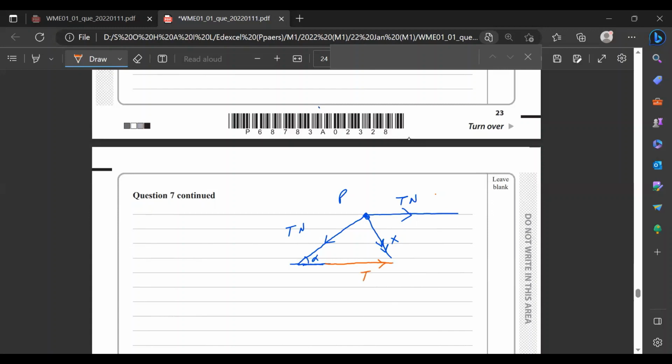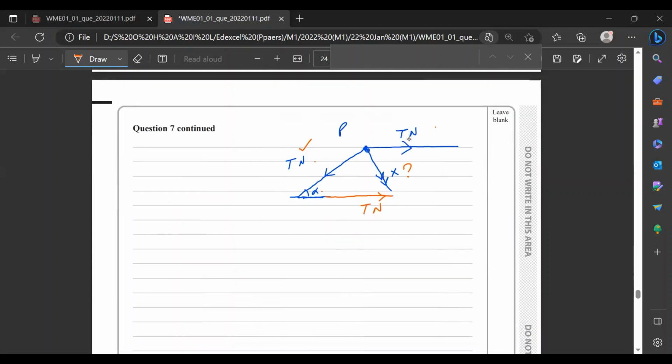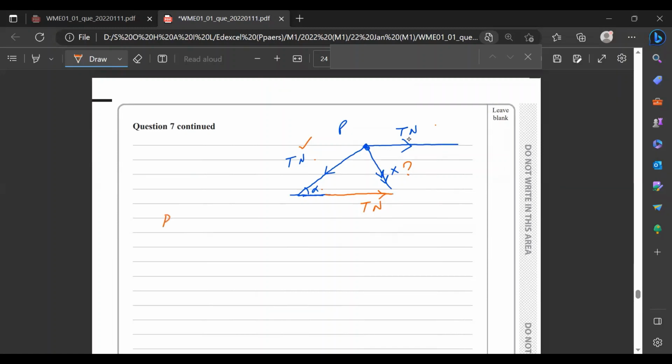This is T, this is T. These are the two forces, and by the head to tail rule you can see this T plus this T, and the question mark is here. This angle is alpha. So you can find this value of X. This is part C.